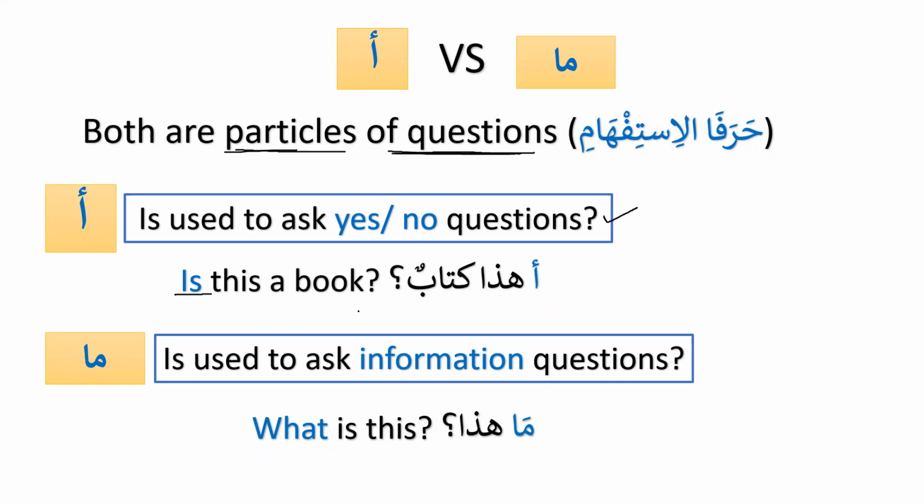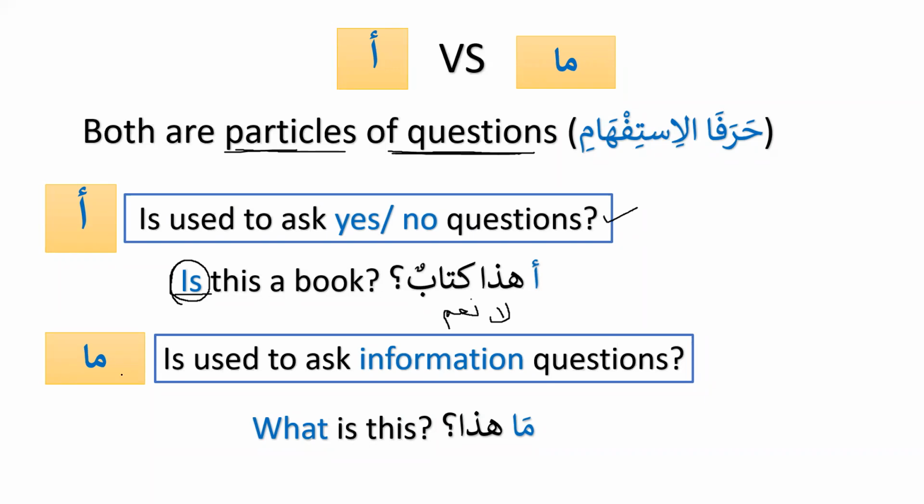It will be na'am, or it will be la. Only two answers are possible. If it is yes, you will say na'am, and if it is no, it is la. In English, it is a yes-no question; it starts with is or am, and the answer is always yes or no.